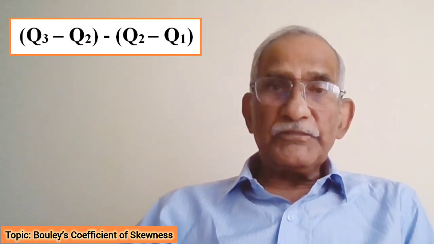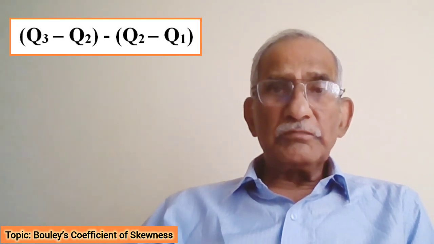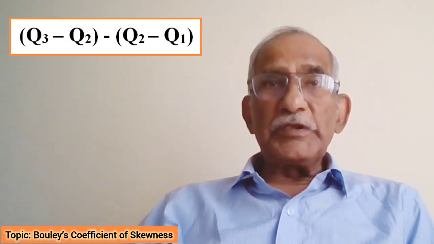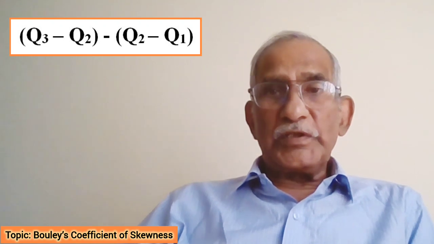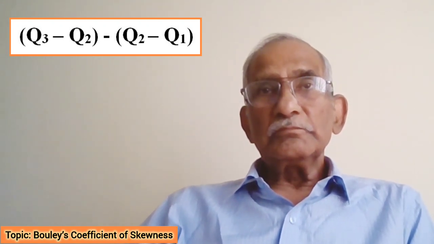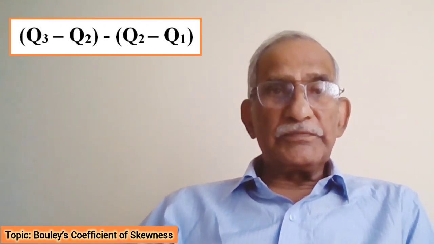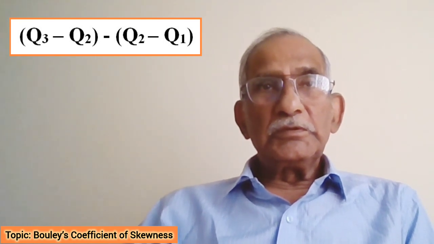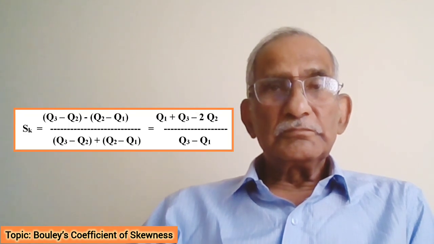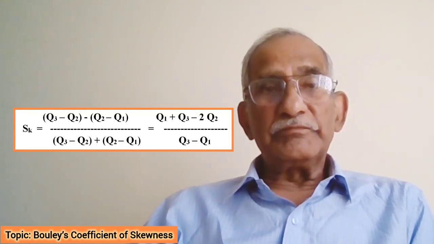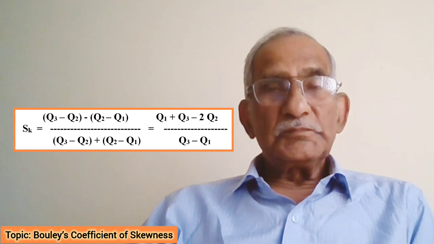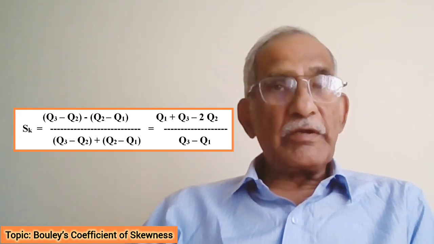If it is positive, greater than 0, it means that there is positive skewness. And if it is negative, there is negative skewness. But it has one defect. It is not unit free, and so is not comparable.